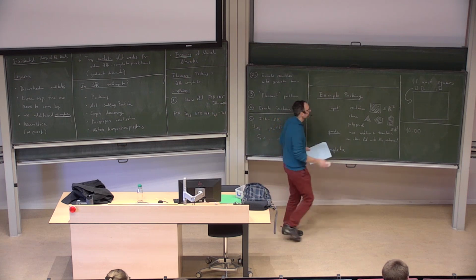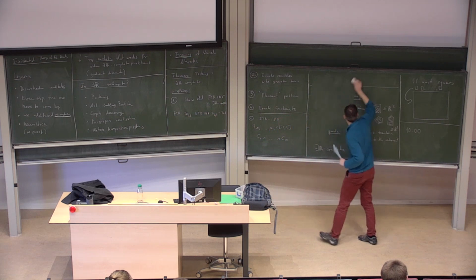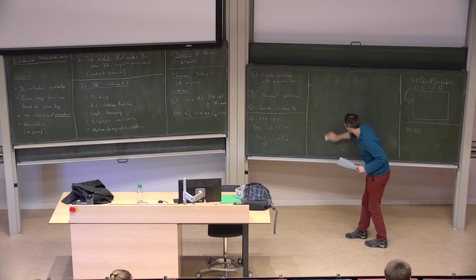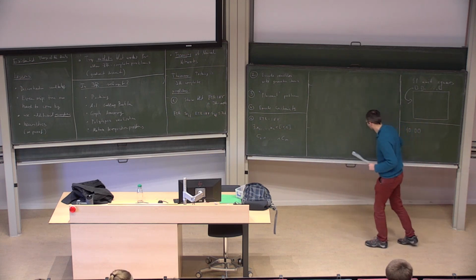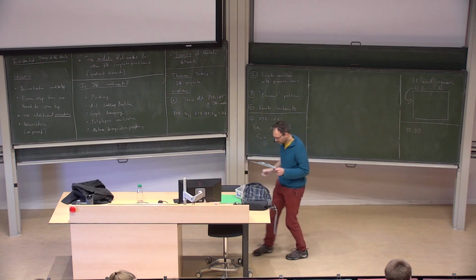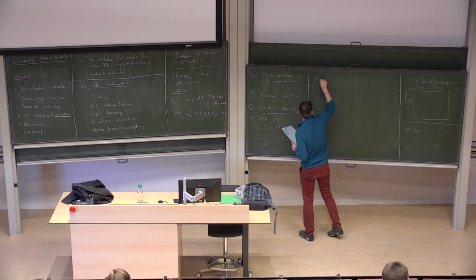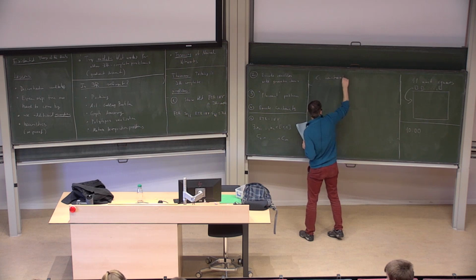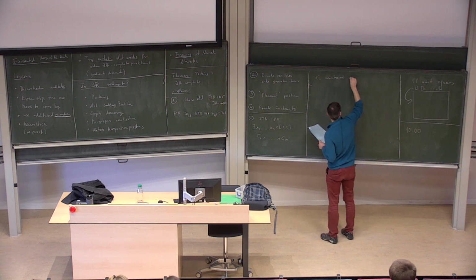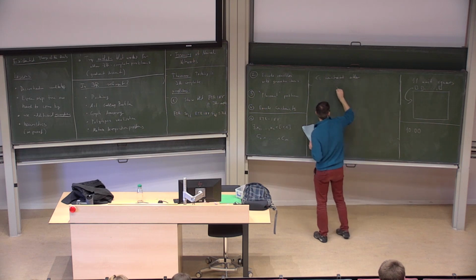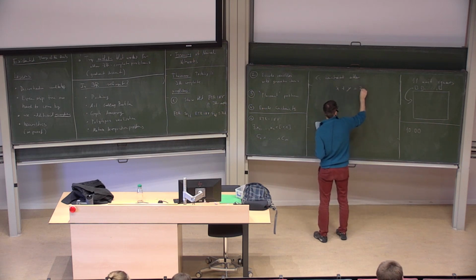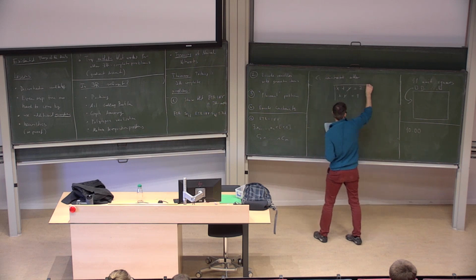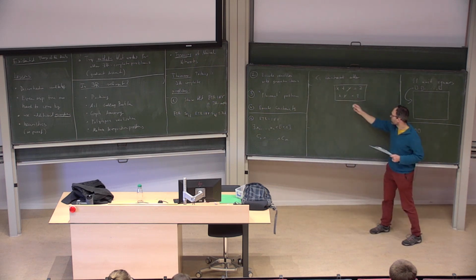I can erase this. And here I'm lying a little bit. The i-th constraint is either x times y equals 1 or x plus y equals z.